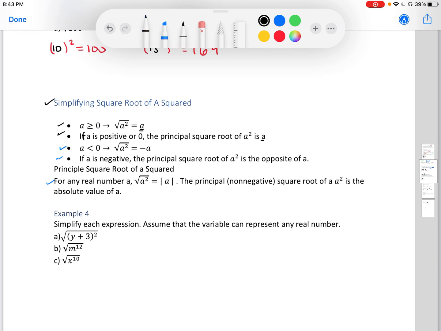So in other words, this is our disclaimer to avoid this situation where I have something squared that gives a negative. If we're working with a variable and square roots, apply an absolute value.